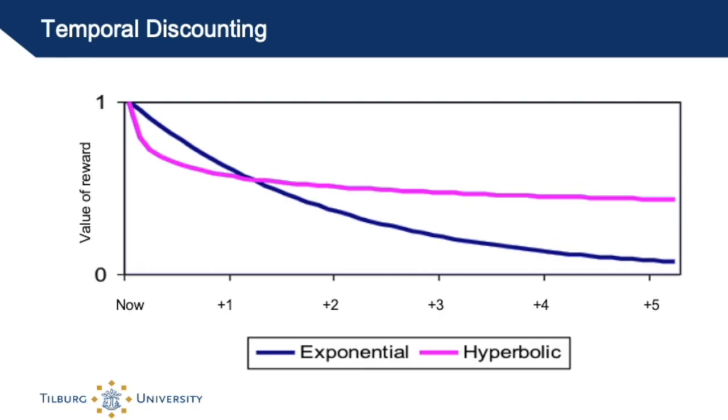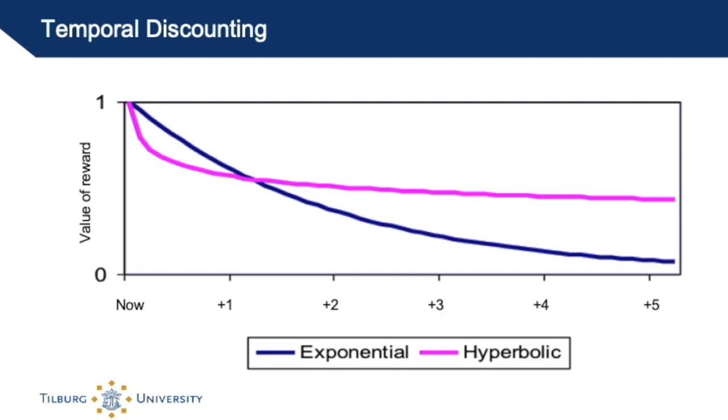And now we can ask ourselves, over time, how does the value of our reward decay? Basically, what we would ask is, if I offered you the choice of either getting 100 euros today or 100 euros in a month, we can try to plot the choices in the sense of a value function.